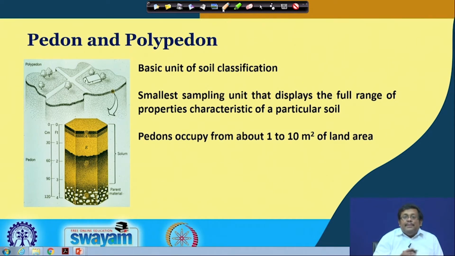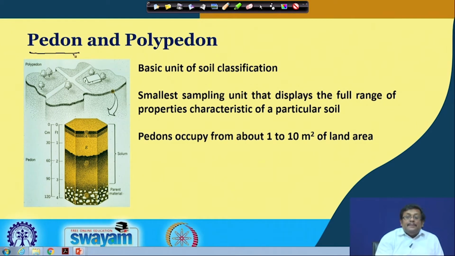So, we need some basic unit of soil classification, or the smallest sampling unit, based on which we can differentiate the soil at one point from the soil at another point. Then this term pedon came.